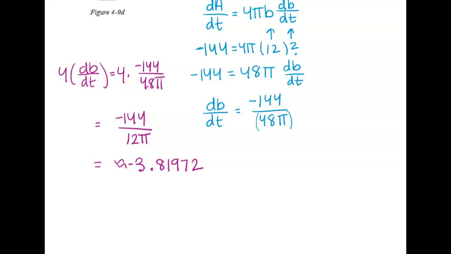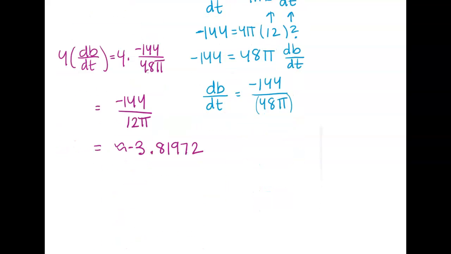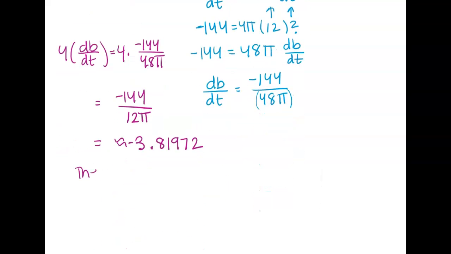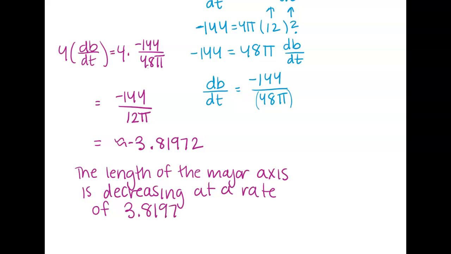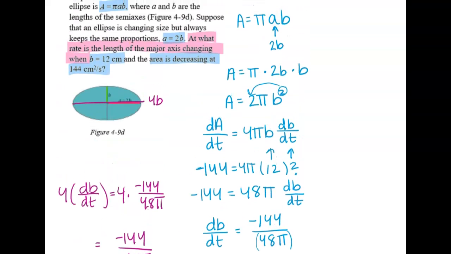And so what we know is that the length of the major axis, sorry to pause for my writing, is decreasing because it's negative at a rate of 3.81972, or leave it as 144 over 12 pi if you want. Check back to units.